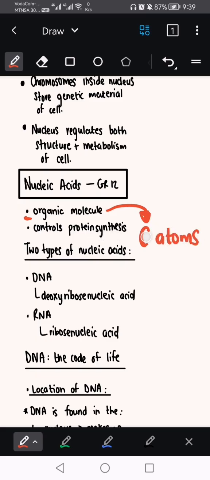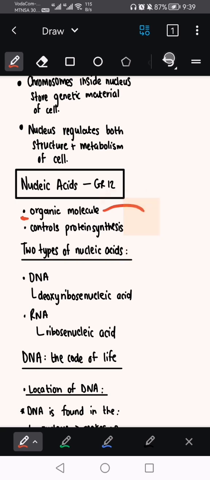It has carbon atoms, and that is why we call it an organic molecule. But that you don't need to know. That's more for interest's sake. And then also we want to know that it controls protein synthesis. And protein synthesis simply means that the body, or living cells, are manufacturing proteins. So it just means that proteins are being made.